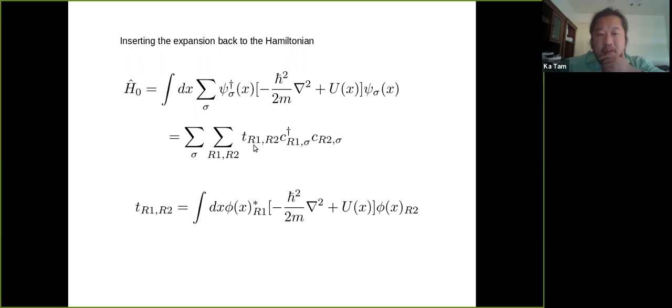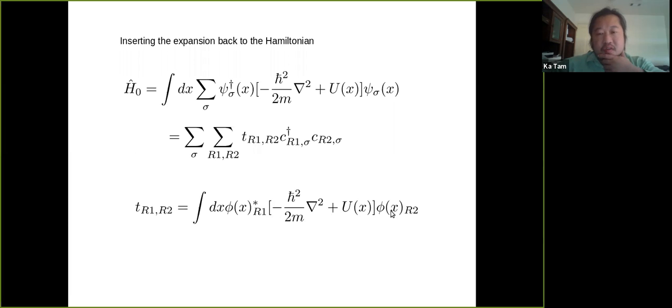So the next step we need to do is to calculate the matrix element of this T, R1, R2. What we need to do is similar to before, except that instead of the single particle eigenbasis, this is a Wannier orbital now. And then we calculate this matrix element for the Hubbard model.